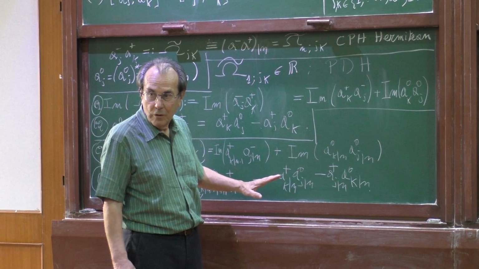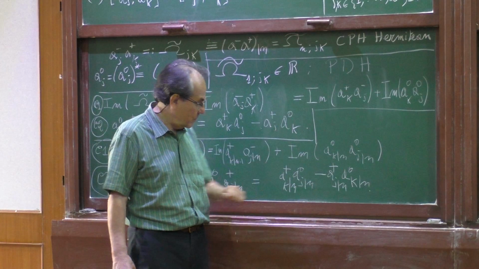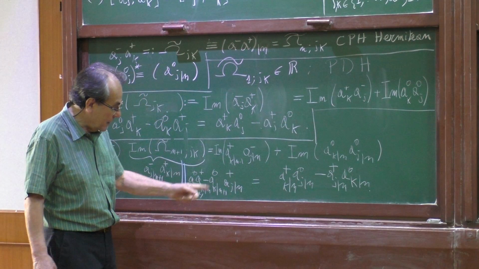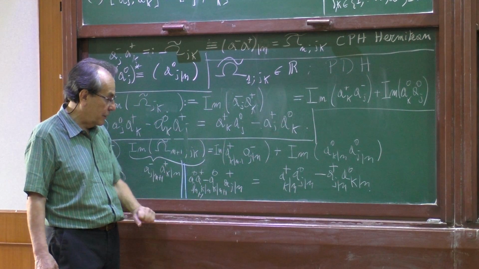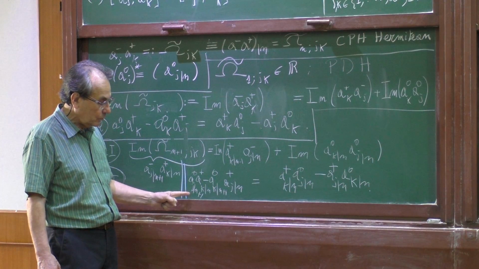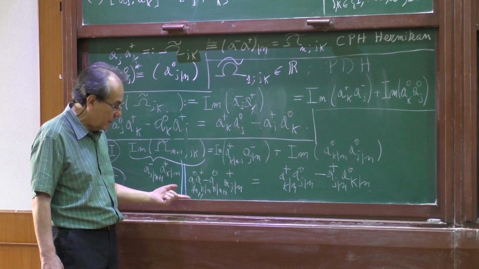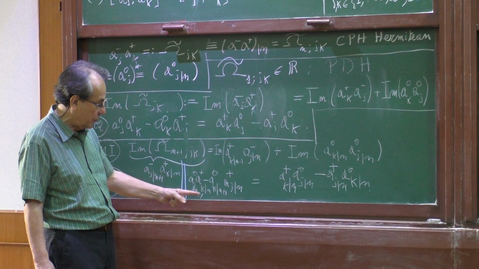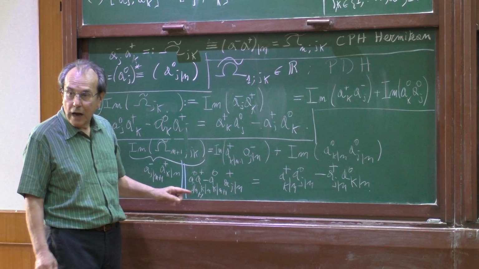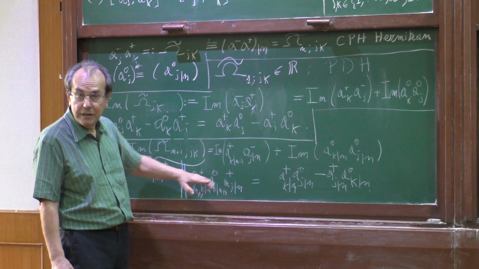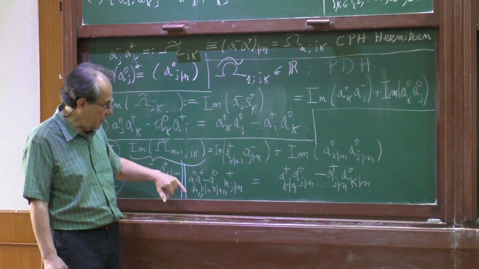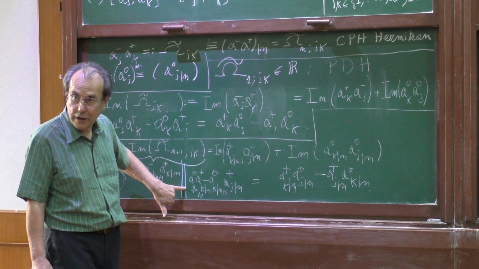So this I know, and A dagger n I know because it's algebraic. In fact, this is n minus 1, so I even know it by induction assumption. So I know everything inductively, except the A0j n.